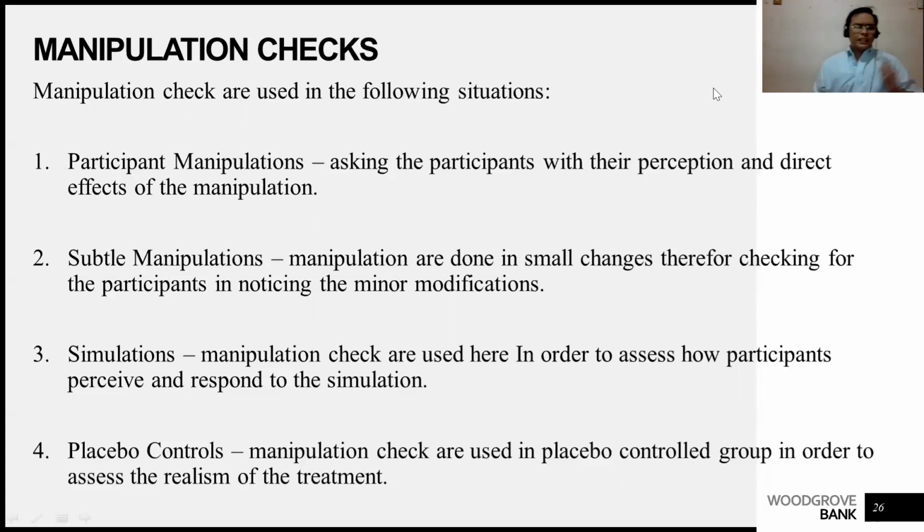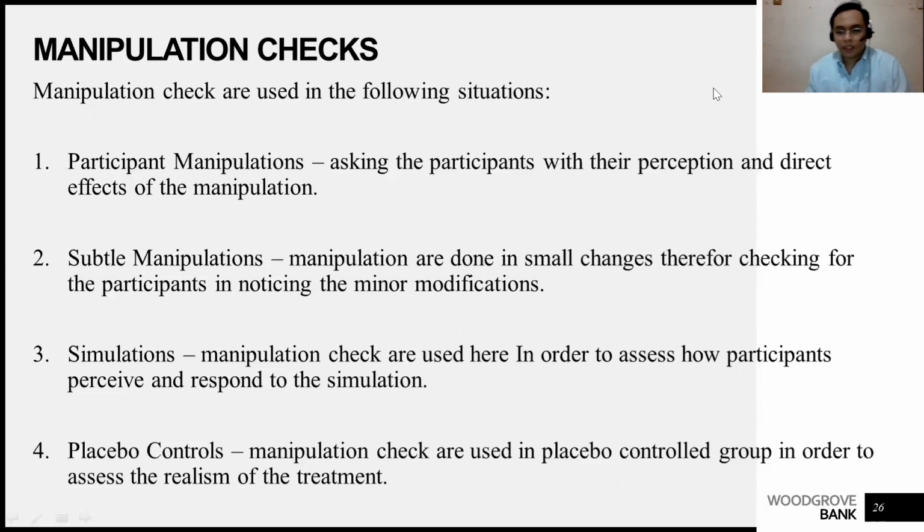Okay, for example, participant manipulation. In a manipulation check for participant manipulation, you ask the participant directly how they felt, how they perceived the experiment, whether they noticed something, whether they experienced a change in themselves. That's the participant manipulation check.